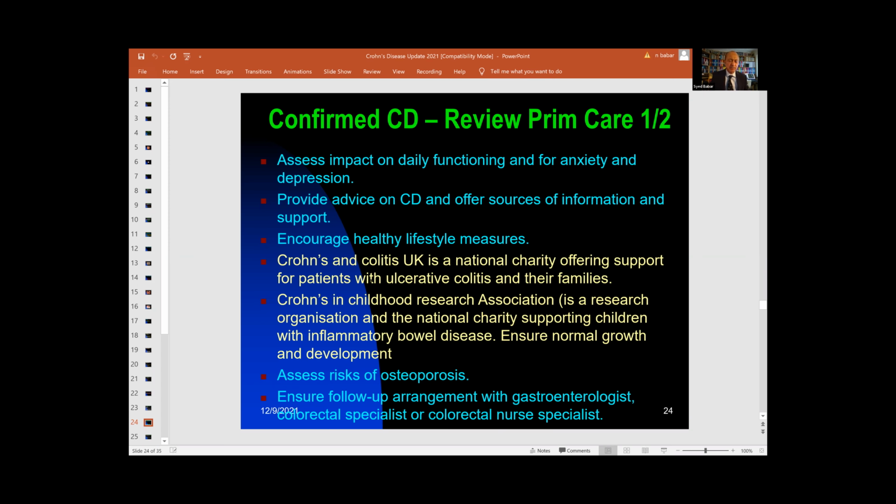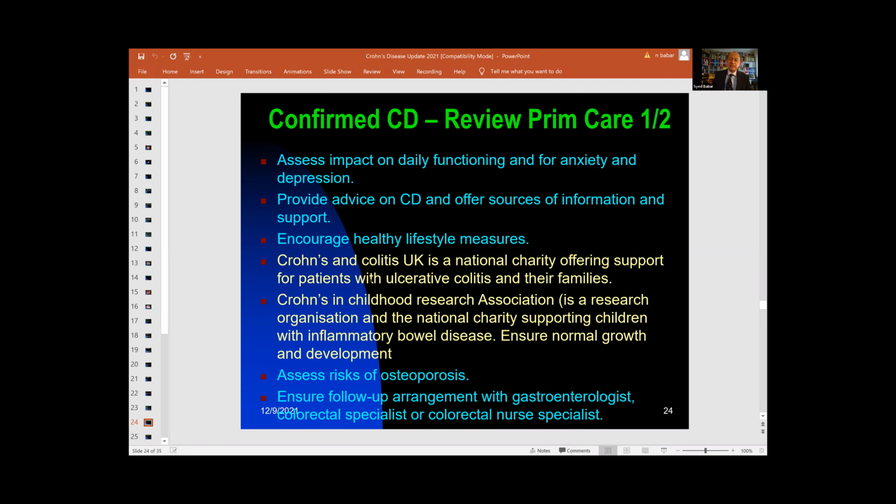In the UK, a big national charity called Crohn's and Colitis UK offers advice and support to patients and their families. Another pediatric-based, Great Ormond Street originated charity is called Crohn's in Childhood Research Association.